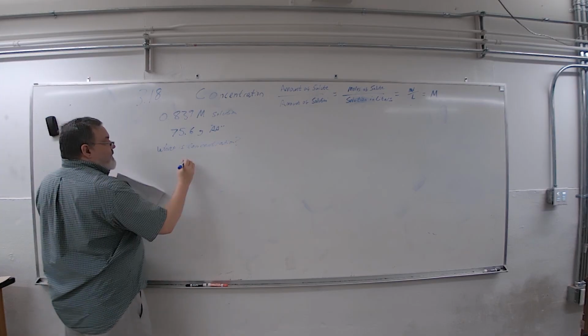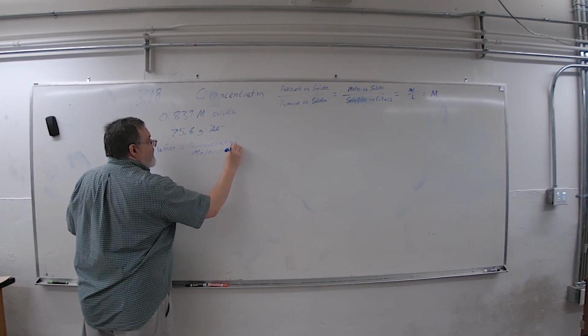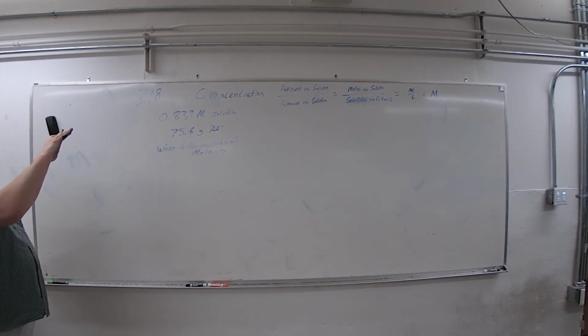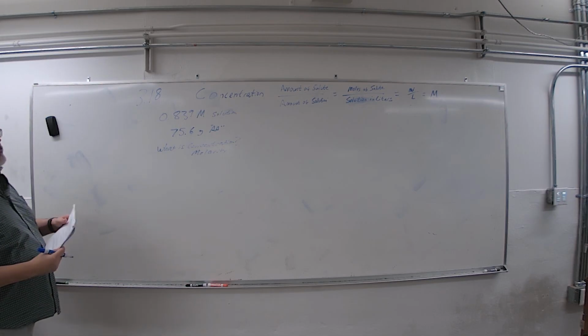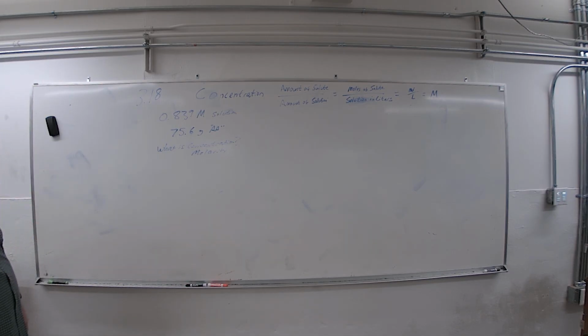If it were me, I would specify molarity. I wouldn't just say concentration, because there are other ways to do concentration. Amount of solute over amount of solvent. You can do moles of solute in kilograms of solvent. There's various ways to do it. But I would call that molarity. Okay, we have that much solution, that molarity solution, that many grams.